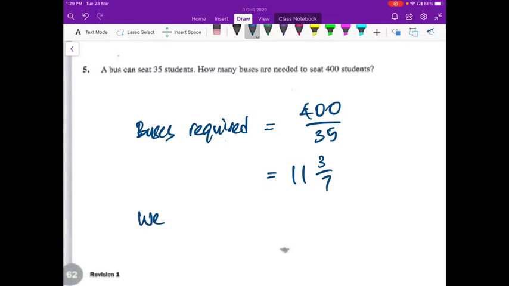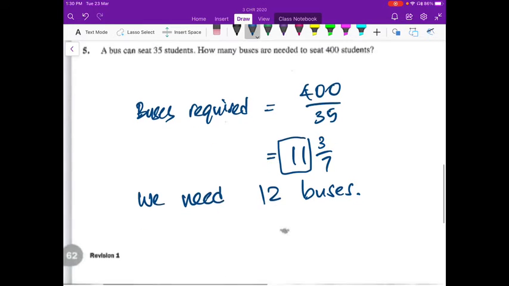So we need 12 buses. Okay? We are not rounding up or rounding down. We are looking at it as, hey, I need 11 buses. But then 3 students, 3 out of 7, that's 15 students left over. 15 students remaining. And those students, they also need a bus.